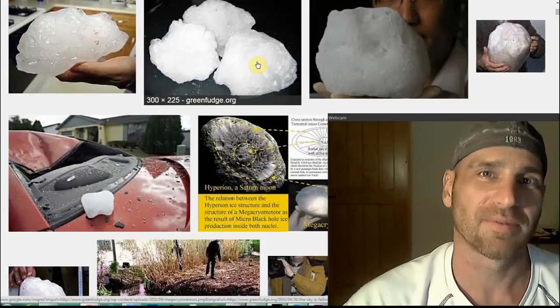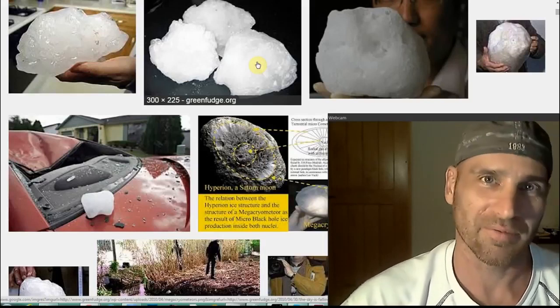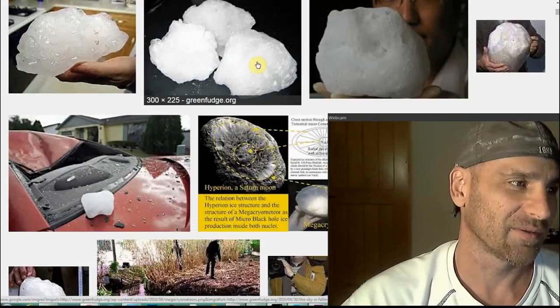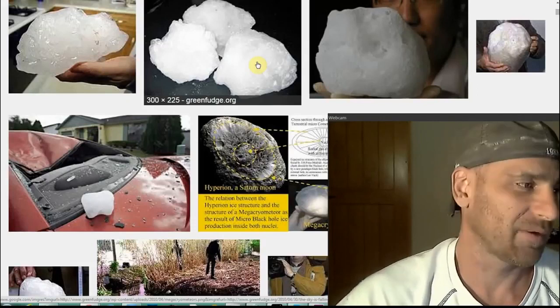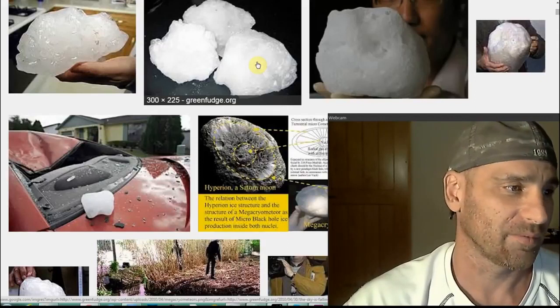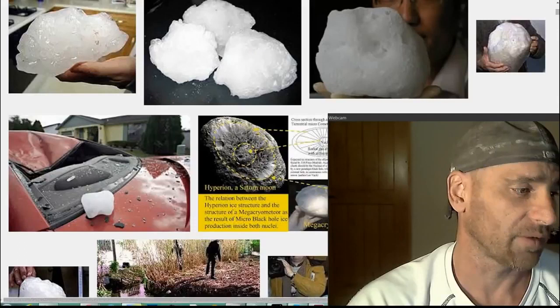Isn't that great? We figured out the lunar waves, the linear polarization. We figured out where tektites come from. We figured out where megacryometeors come from. We figured out where the Libyan desert glass comes from. That's amazing. That's great.